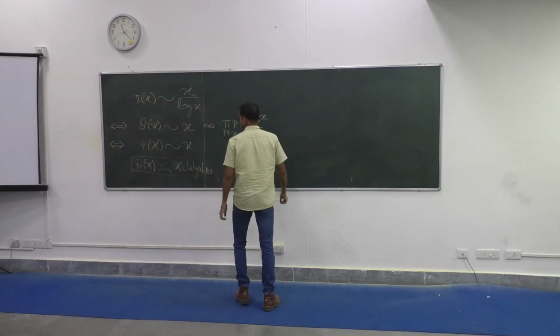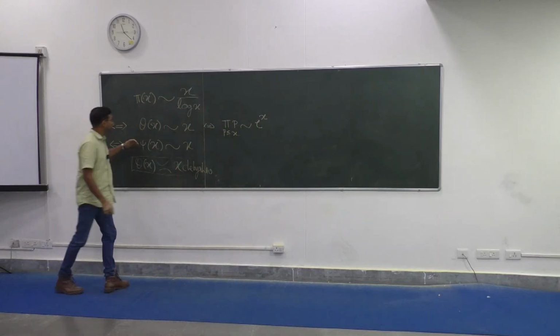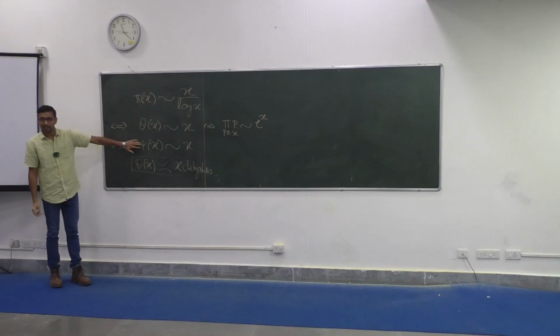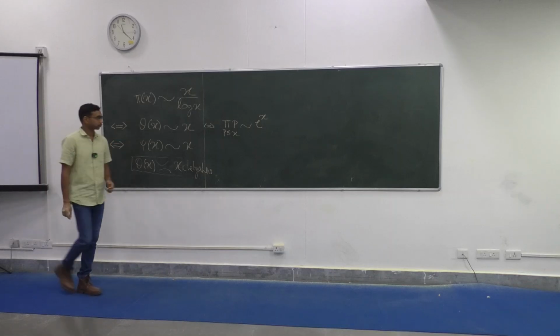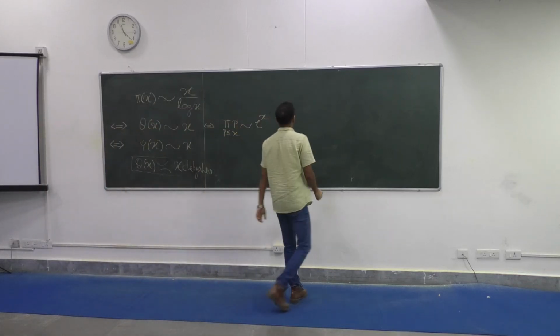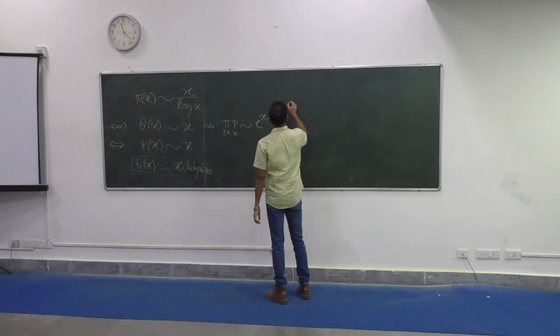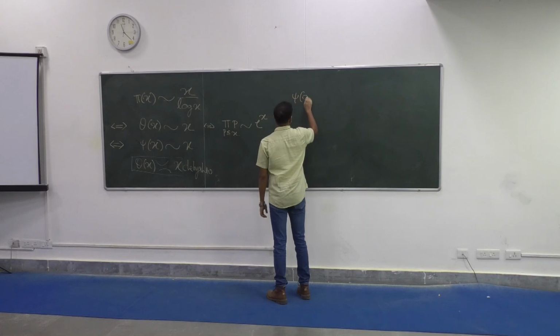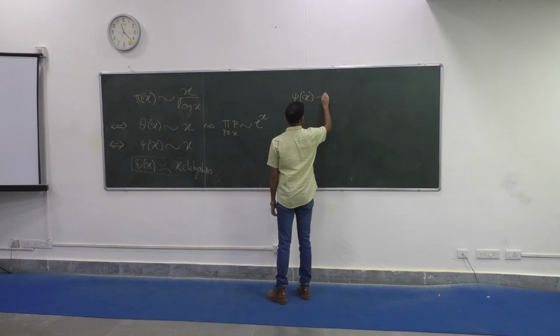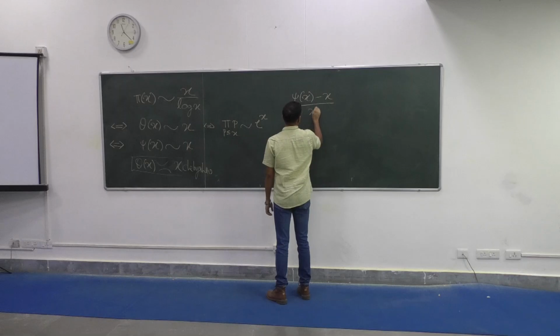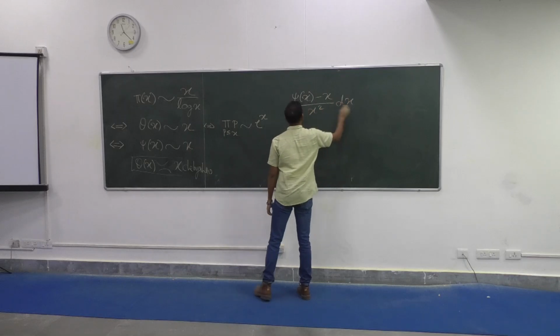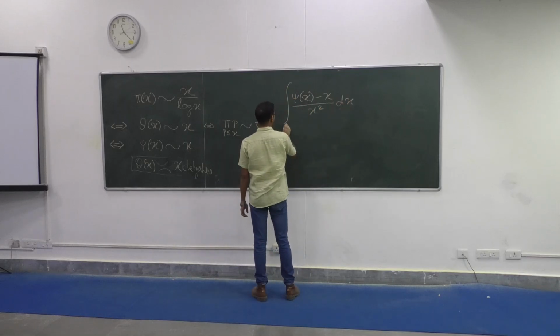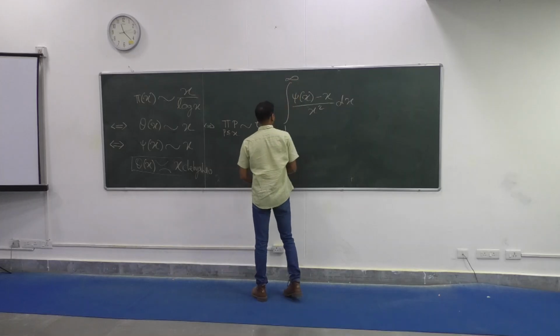So how to proceed? Today's class is a preparation for this. Suppose I denote this integral, the integral of (psi x minus x) by x squared dx over the range from 1 to infinity.